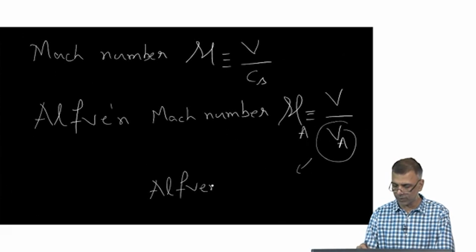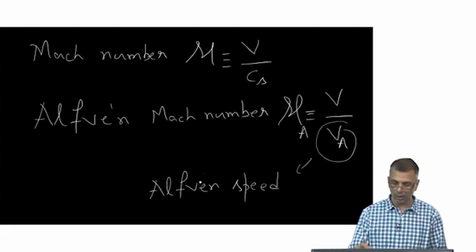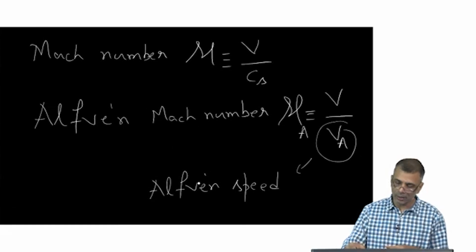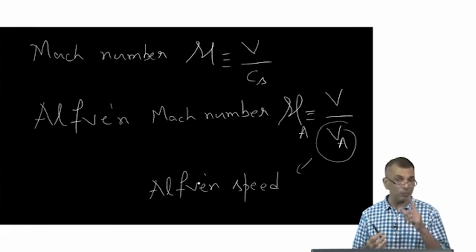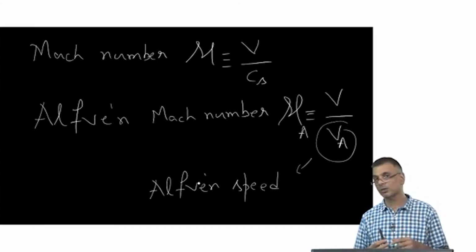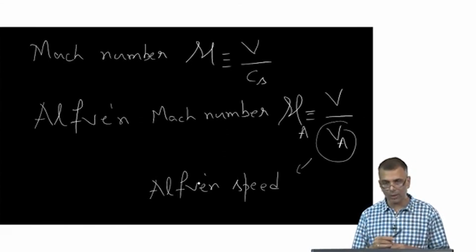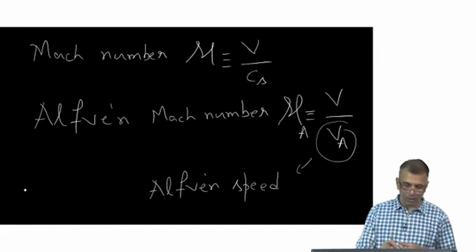And what is Alfven speed? I'll tell you in a minute. Again, we will talk about this in some more detail as we go along in the course. Just like the sound speed is a characteristic speed at which small pressure disturbances travel in a medium, not large ones like a bomb explosion, similarly, the Alfven speed is a characteristic speed at which transverse disturbances travel.